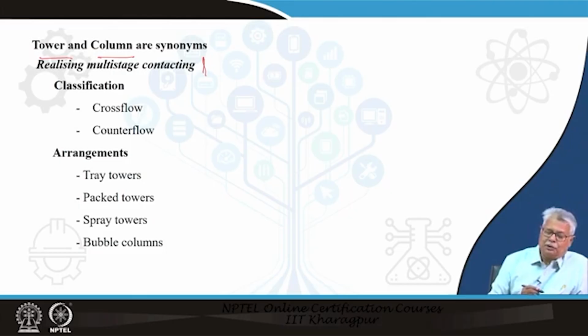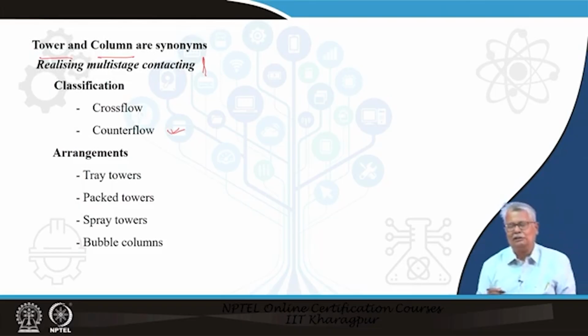Now, so far we have already seen in the heat transfer class or in the mass transfer class that counter flow gives you, in case of contacting of two species, a higher driving force. Let us see what all arrangements you have.